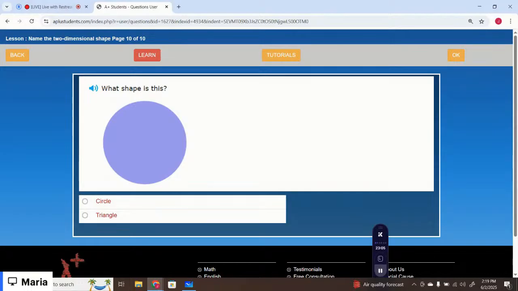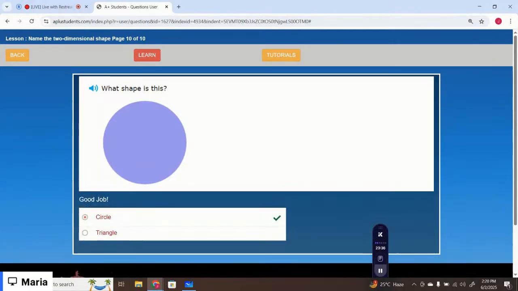What shape is this? That is a circle, option number one is the correct option.